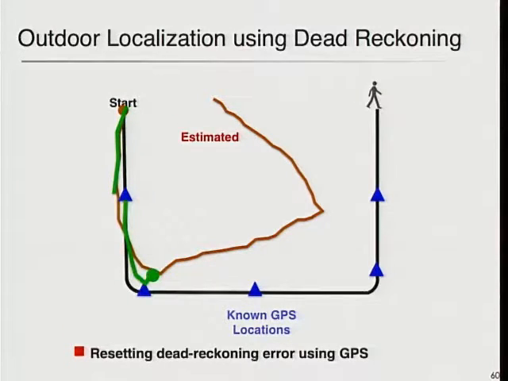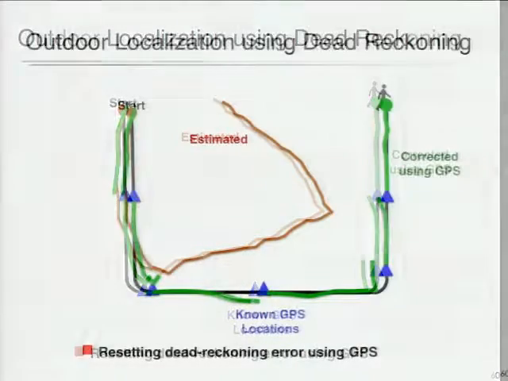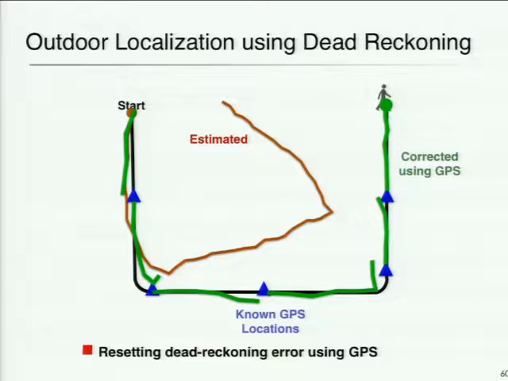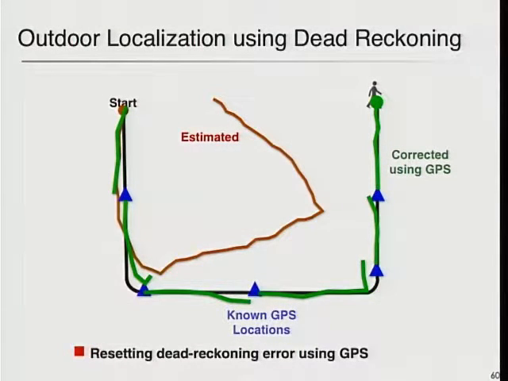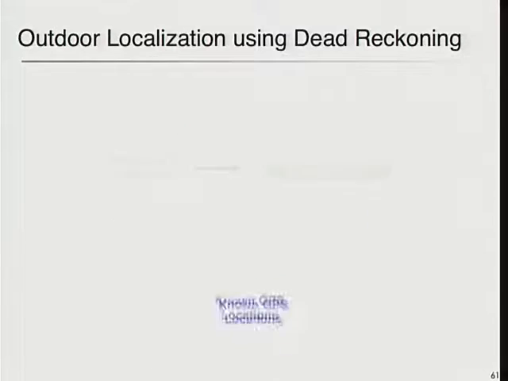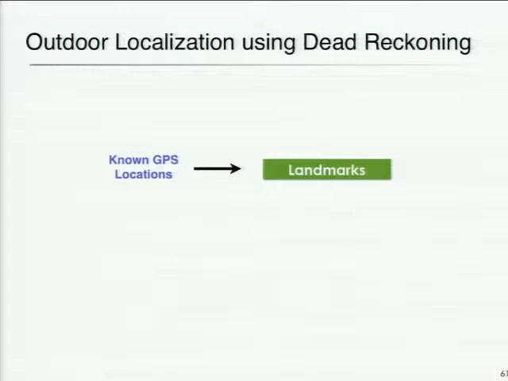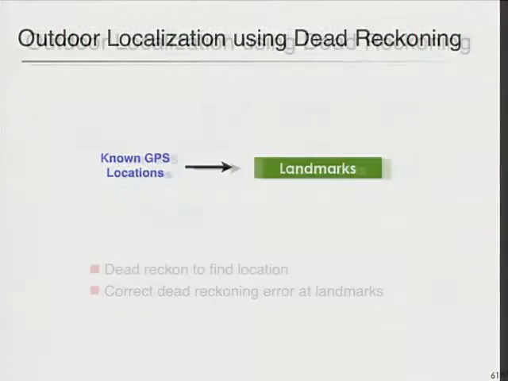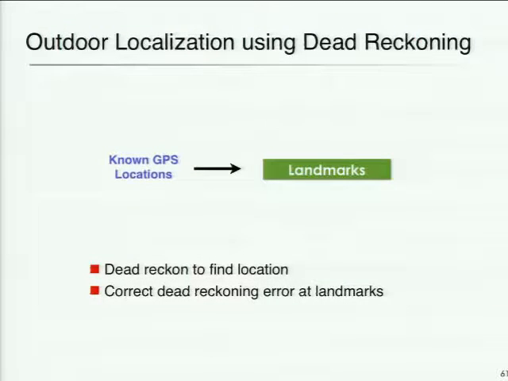We did the same at a later point, and if you keep doing that, observe that the corrected dead reckoned walking trail is similar to the ground truth. Observe that these known GPS locations are like landmarks. So outdoors, in a nutshell, it is possible to dead reckon to find the location and correct the dead reckoning error at landmarks. So we thought maybe we can bring this technology indoors.